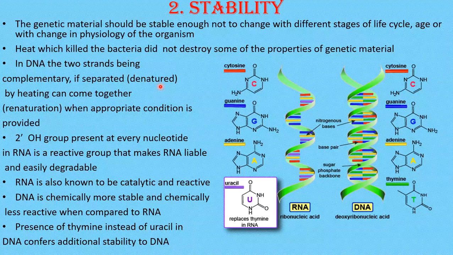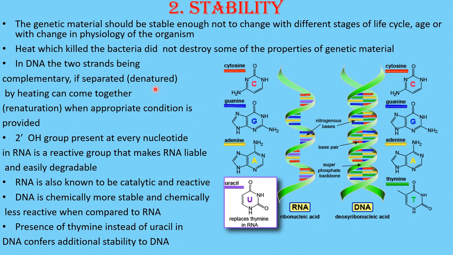Denaturation may be by heating. By heating, both the strands of the DNA unwind and get separated. And they can come closer together once again, and this process is called renaturation.